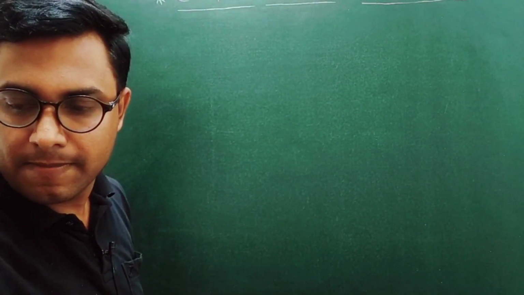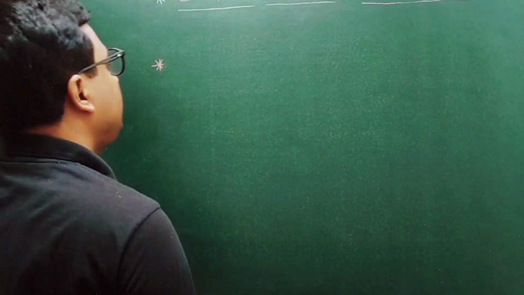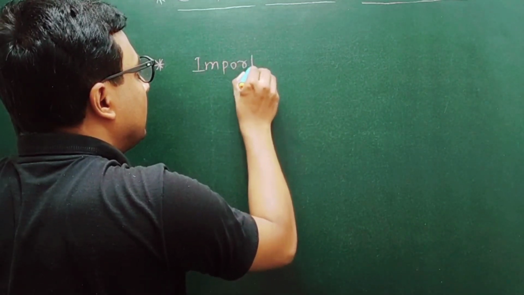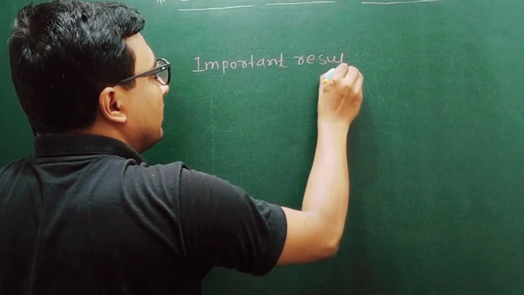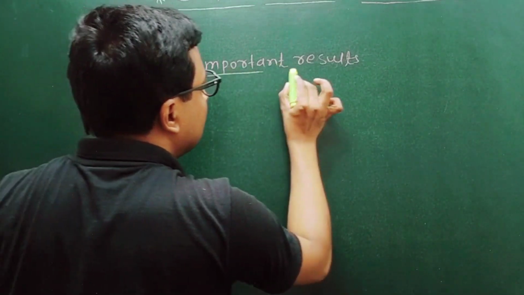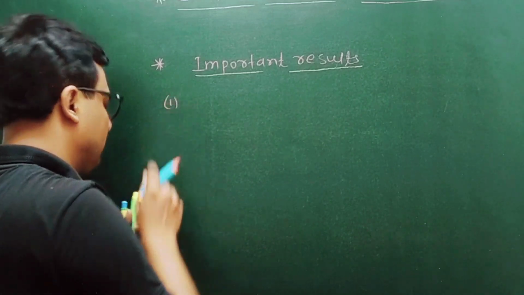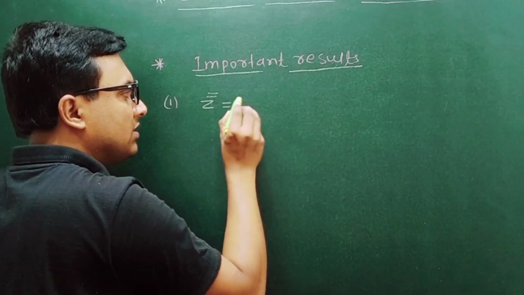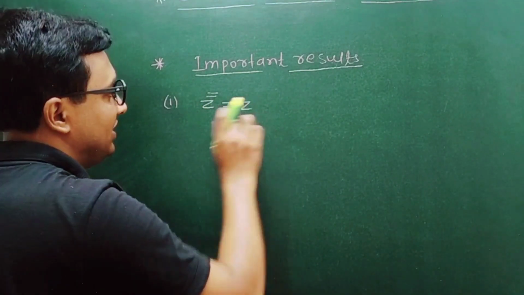Important results here. What are the important results here? See, first result is z double conjugate is equal to z. Conjugate of conjugate is equal to z. Right?